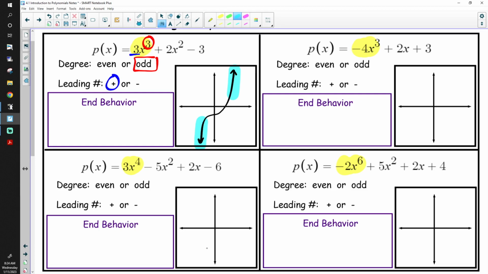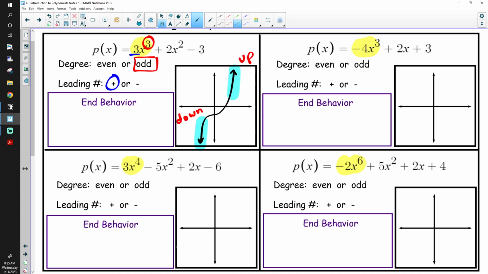So what would you say is happening on the left side that I highlighted? What's the graph doing? It's going down. On the right side, what is my graph doing? It's going up. On the left end, it goes down. On the right end, it goes up.